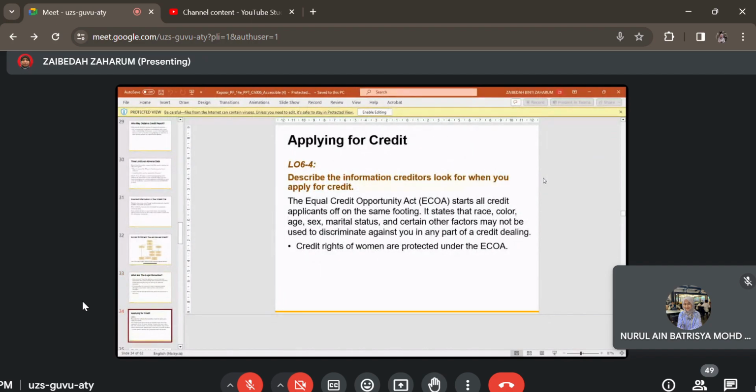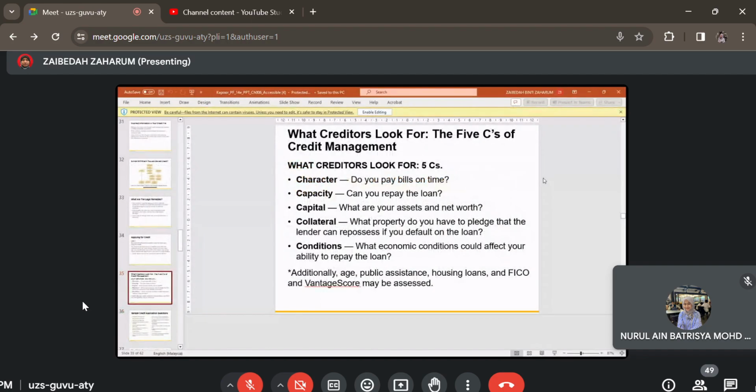Yang ini, okay, so selalunya, okay, when we apply for the credit tadi, okay, the creditors will look for 5 C's, okay, of credit management, iaitu dari segi karakter, capacity, capital dan condition. Okay. Dalam karakter ni tadi, okay, the creditor selalu tengok dari segi karakter, iaitu adakah the borrower tadi can pay bills on time.